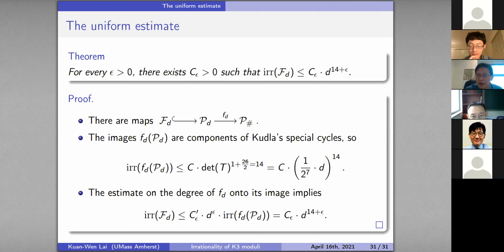Do you have a lower bound? Lower bound is also a problem. So we are thinking about lower bound, but there are many difficulties here.